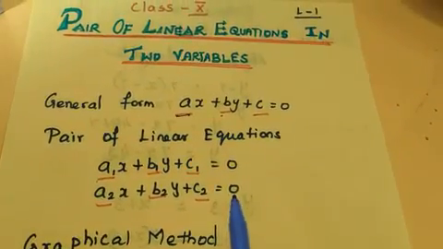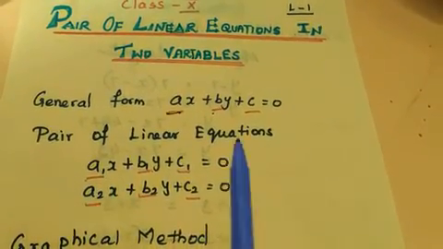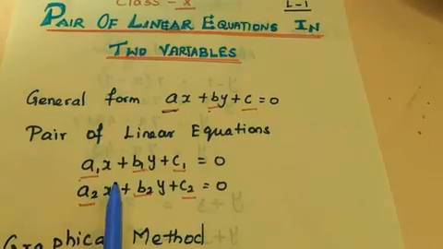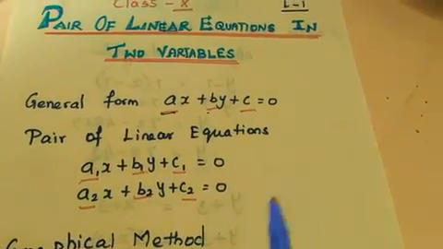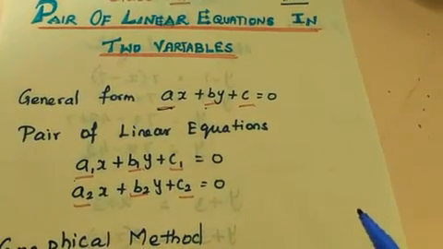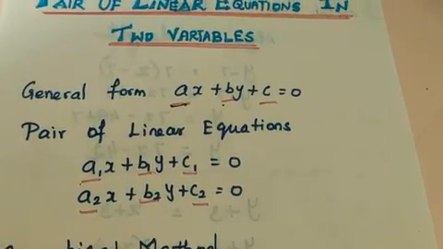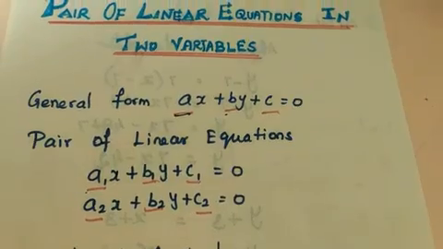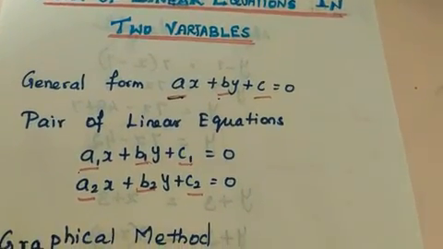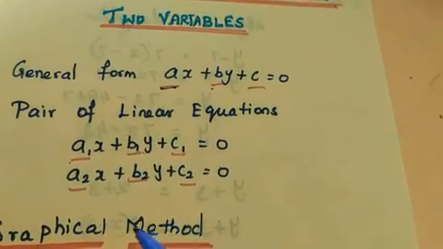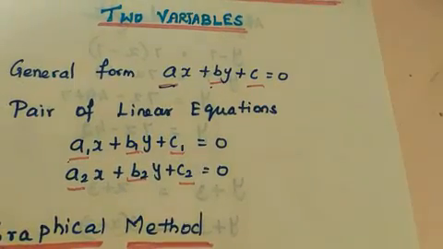So what we do normally after this, in the first exercise, we find out the coefficients of x, y and the constant. Then in the second exercise of class 9, we find the solution for this equation and represent it on the graph. Whenever you are representing these linear equations on the graph, you will get only three cases.